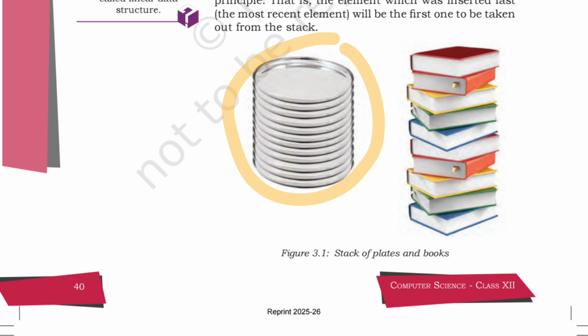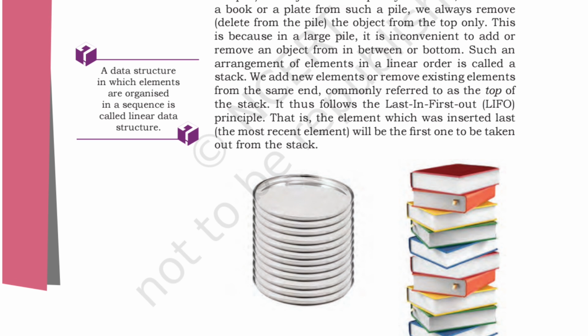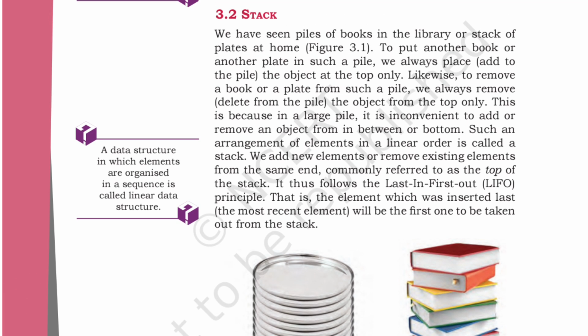So that is the stack. The same way books also, one on another, different books are placed. So the number of books and number of plates is called a stack. In a large pile, a pile of books in the library is a stack, and a stack of plates at home also.